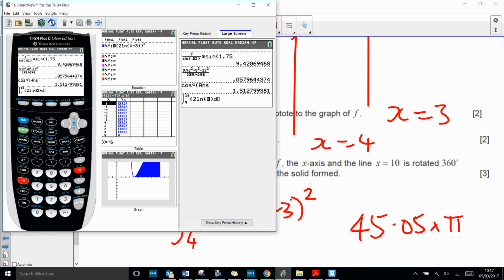I think we have to put a bracket in here, and we're going to square that.